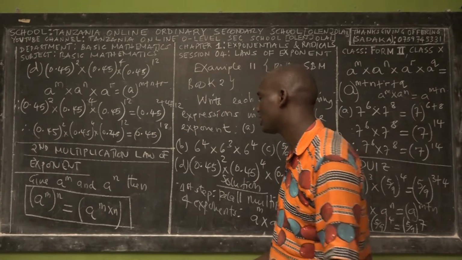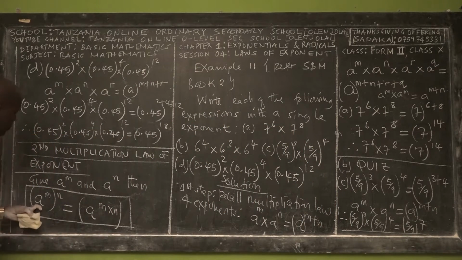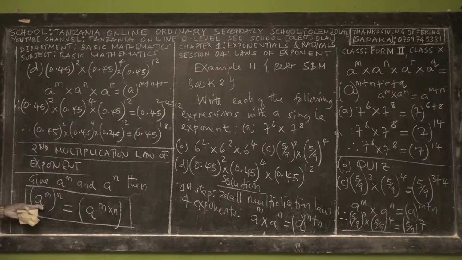I think that is not clear, so listen carefully. Remember, a is any base. It can be any decimal number, any fraction, or any whole number, as we have seen in the previous examples. This is raised to a certain exponent, which is m. But the whole response we raise to another exponent, which is n, outside of the bracket.